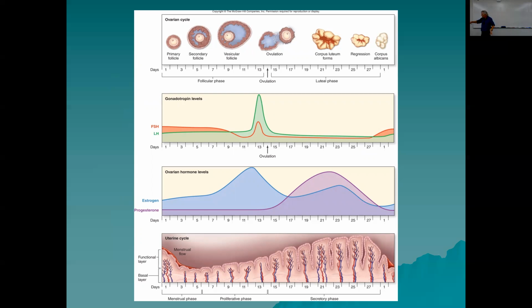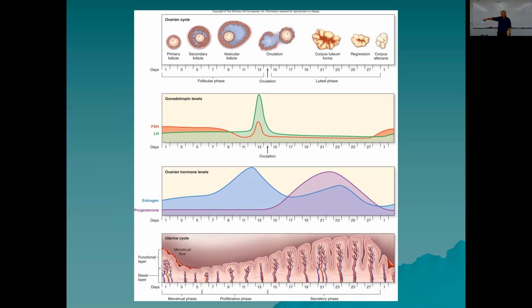But then if there isn't one, regression of the corpus luteum into the corpus albicans, notice how progesterone drops right down to very low levels, and these spiral arteries and the stratum functionalis start to fall apart, and the menstrual flow starts all over again, and we get into the menstrual phase of the next cycle.